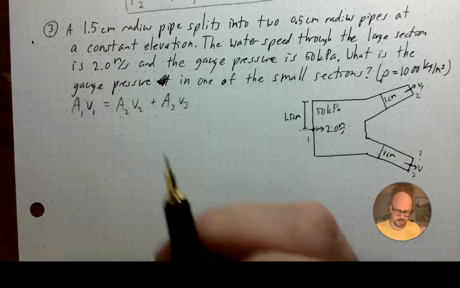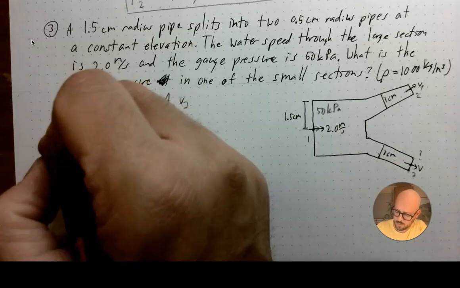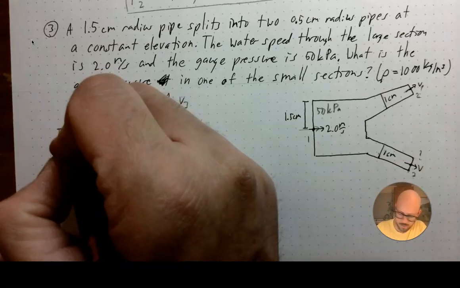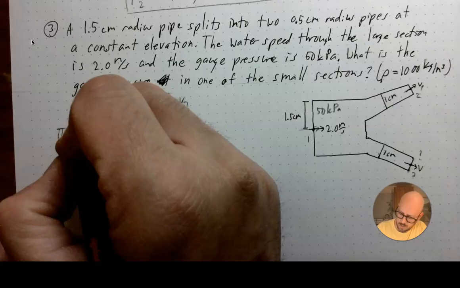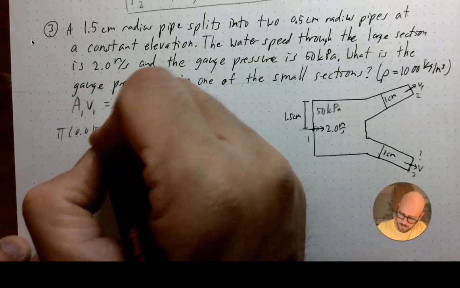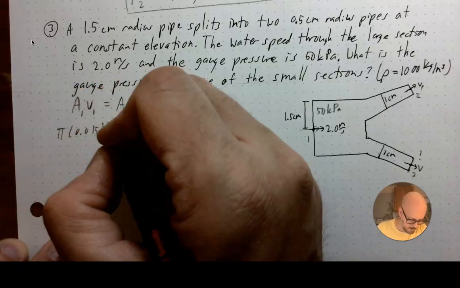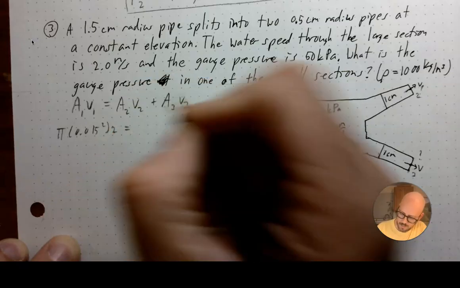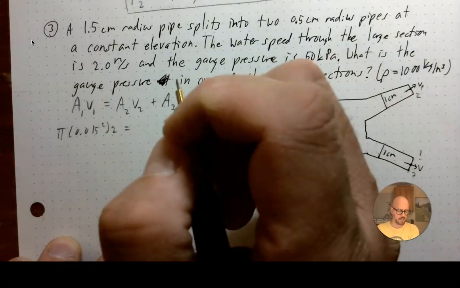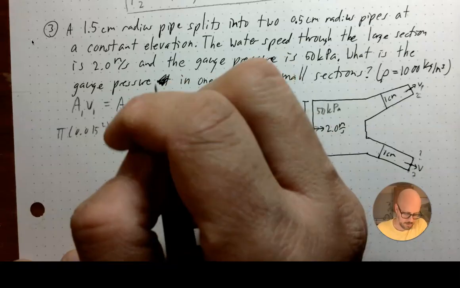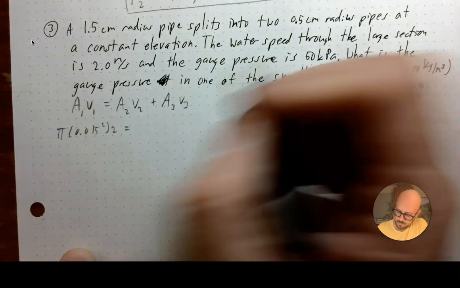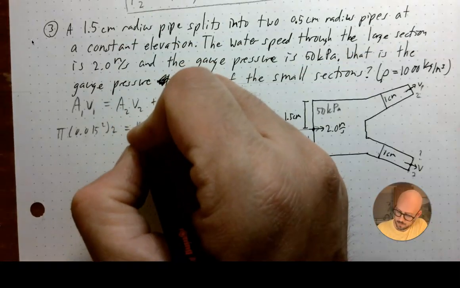Now all of these are cylinders, so the cross-sectional area is going to be pi r squared. So pi times 0.015 squared times 2 equals, and then I am going to put the areas in again for the second one.